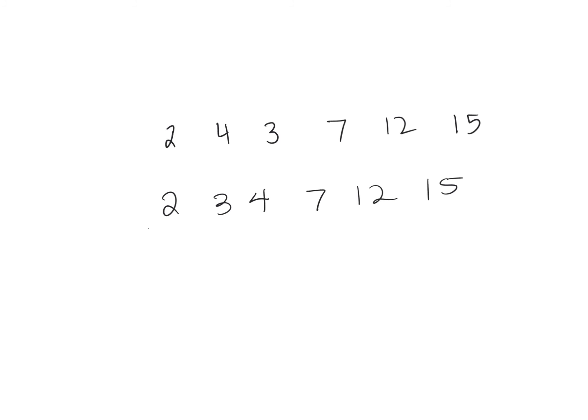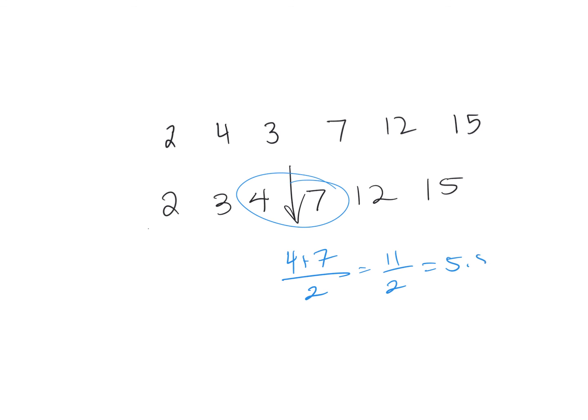And so there are 6 here, and we have this 4 plus 7 divided by 2 would be 11 divided by 2, which would be 5.5, and that would be our median, right? Typically, the symbol that we use for median is just MD. We don't have an actual symbol.